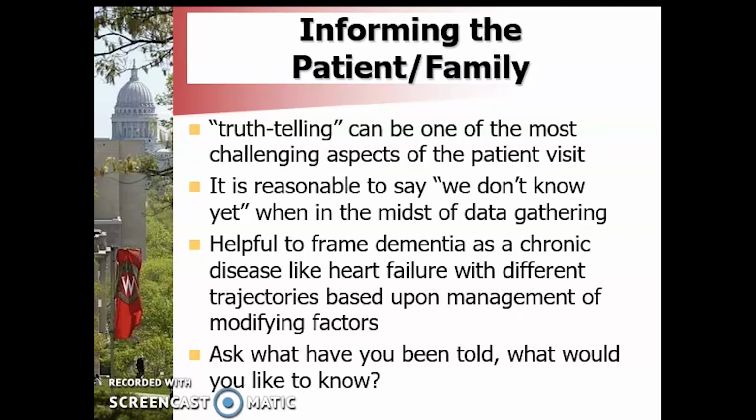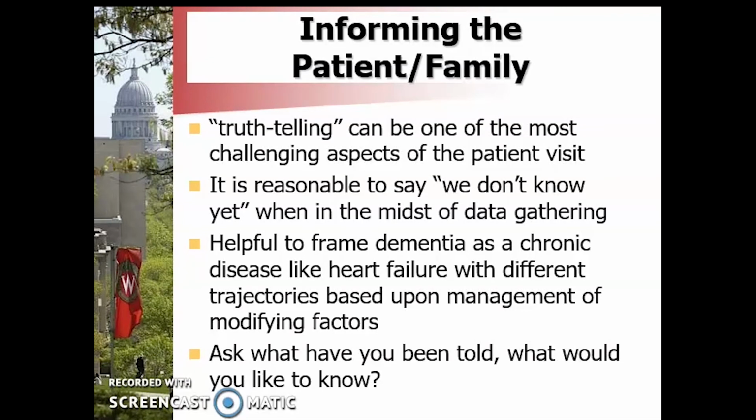In dementia, for example, we think about a lot of the reversible or modifiable factors, such as medications, unrecognized or untreated sleep disorders or mood disorders, inadequately addressed substance use issues, sensory issues that are substantially interfering with the intake of information. So it's reasonable to say there is dementia present, and like other chronic conditions that people live with, there are ways that we can change the trajectory of this illness. That provides information yet also hope.